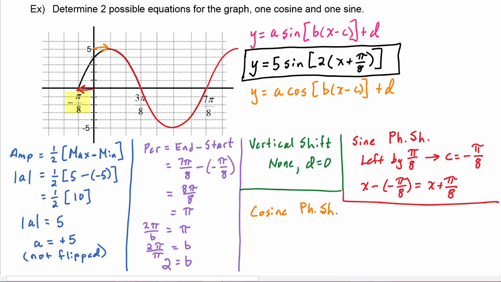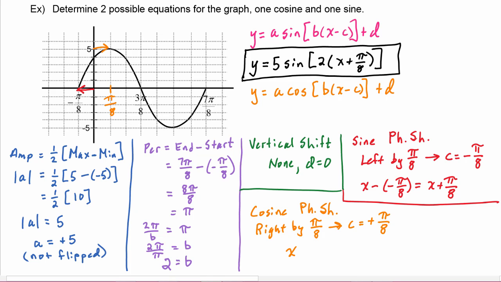And of course, if this is negative pi over 8, then this one is going to be positive pi over 8. So if this were a cosine graph, then the phase shift would be to the right by pi over 8, which means that C is equal to positive pi over 8.